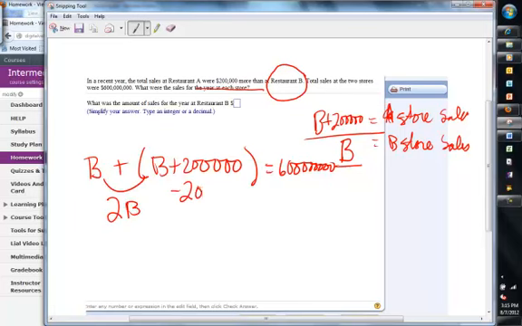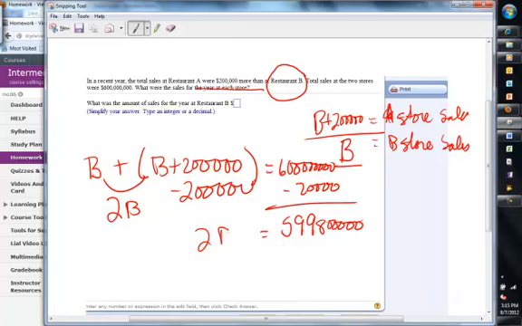Let's subtract 200,000 from each side. We get 599,800,000 over here is 2B. Divide both sides by 2.